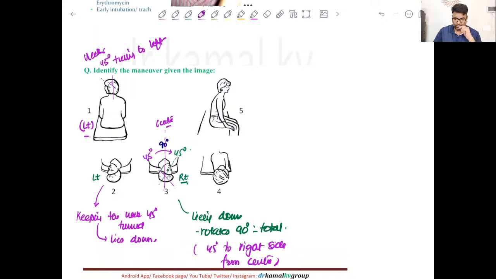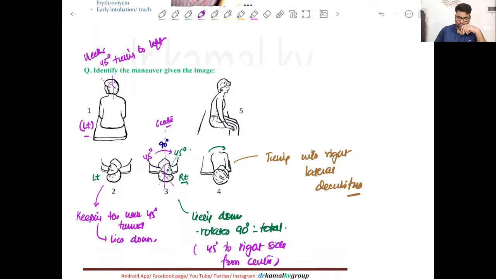Now what the patient has done, he has turned the body into right lateral decubitus, right? So turning into right lateral decubitus. Clear? You can see the body has been turned.